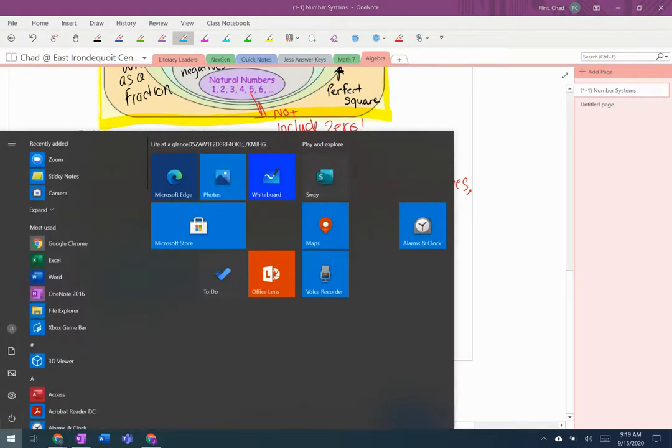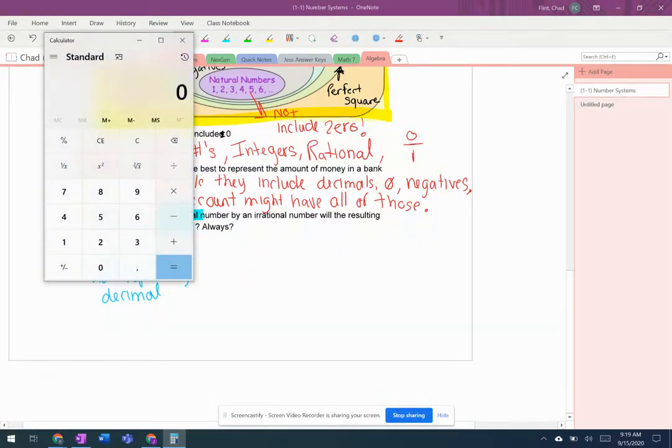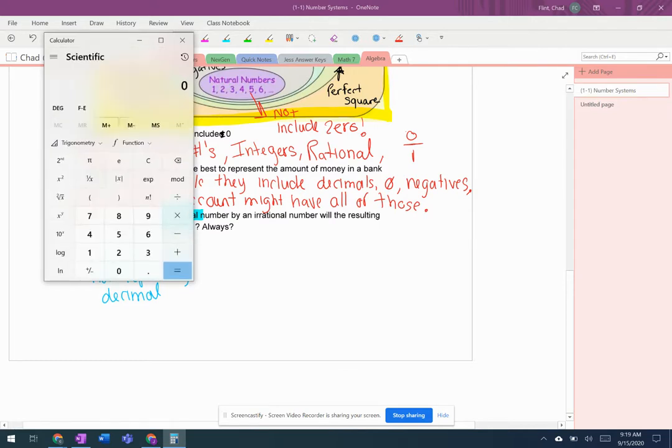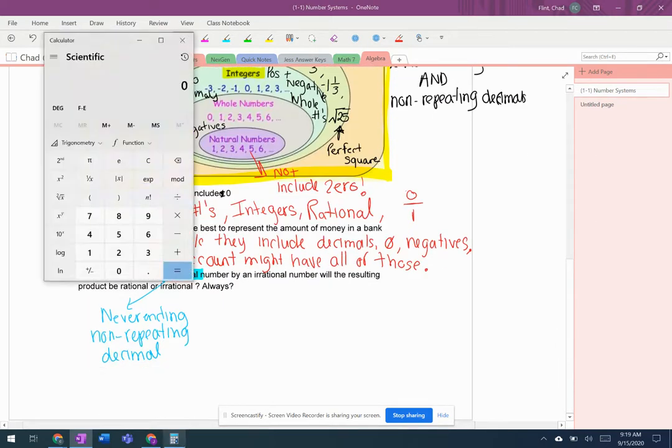Let's see if I have a calculator on here we can use. There it is. Obviously, this isn't our graphing calculator, but we'll go from there. So our famous example of an irrational number is pi. So if I go to my calculator and I type in, and they're not even going to give me pi in here, are they?